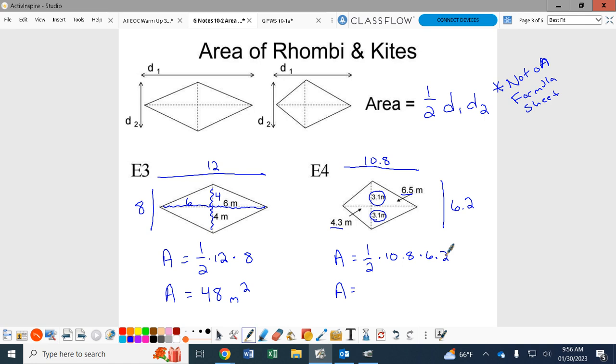You can put the 6.2 first and it gives you the exact same answer. Multiplication can be switched. What's it give you? 33.48. So what'd that round to? 33.5 meters squared, which is what I had. Nice.